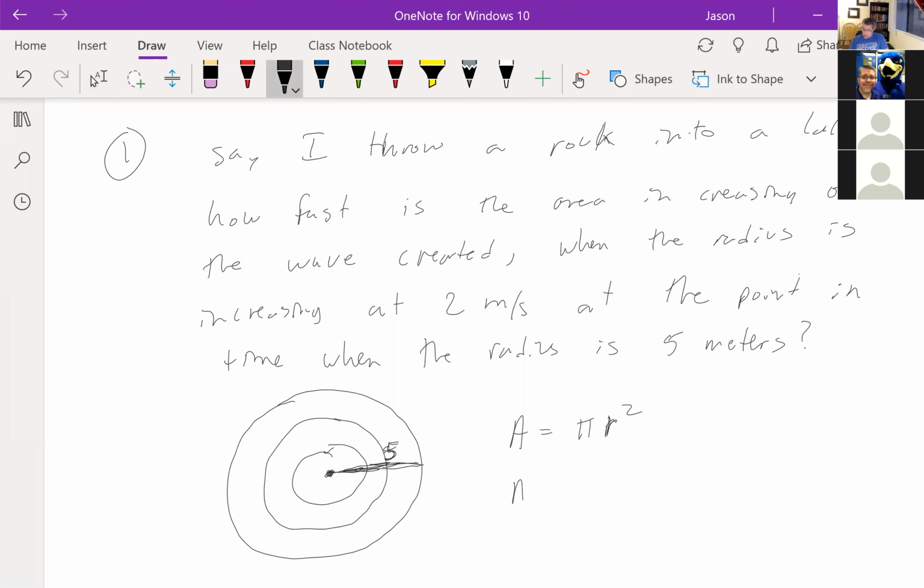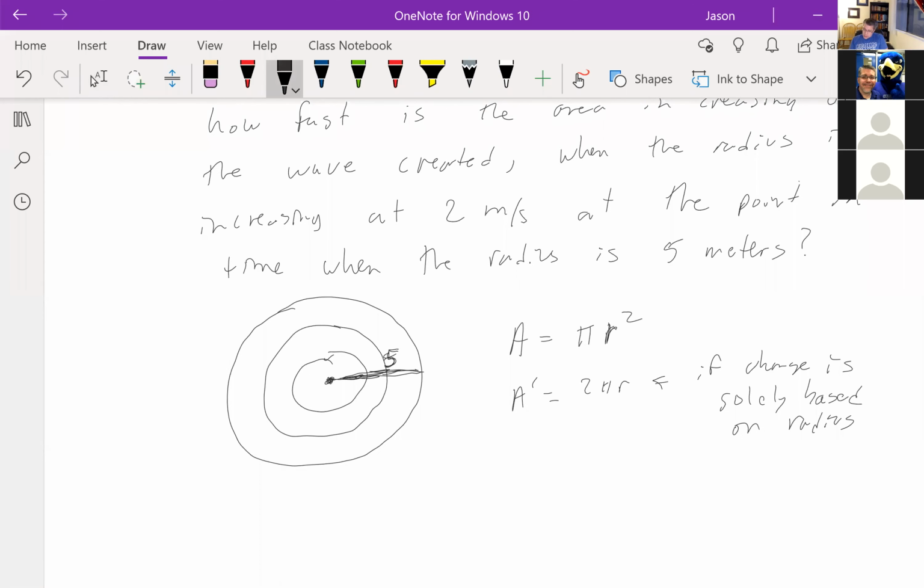I'd be like, oh yeah, A prime is equal to 2 pi r, right? Boom, done. However, we're not asking how this is changing with respect to the radius, we're asking how this is changing with respect to time. So that kind of throws a monkey wrench into it. So this is if change is solely based on radius.